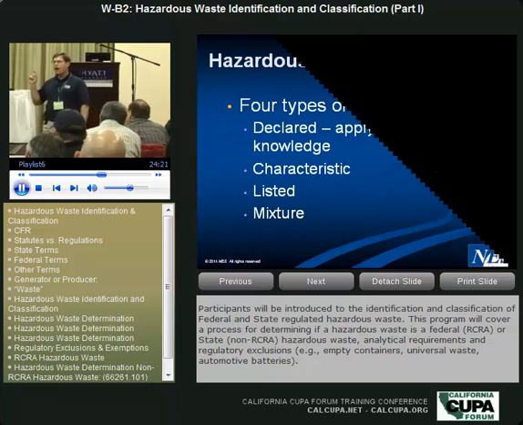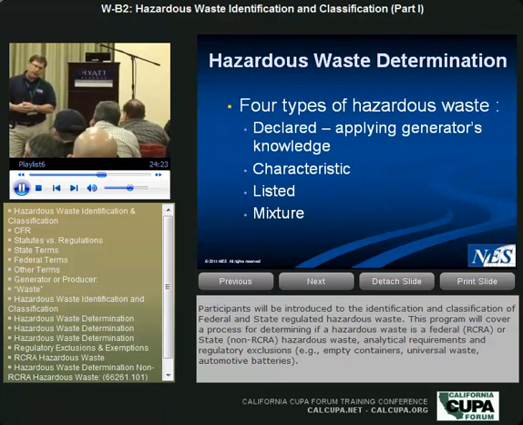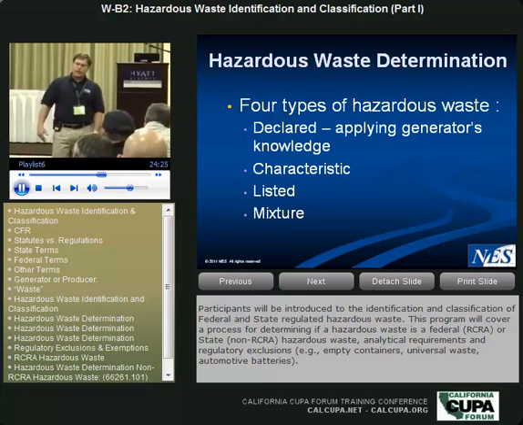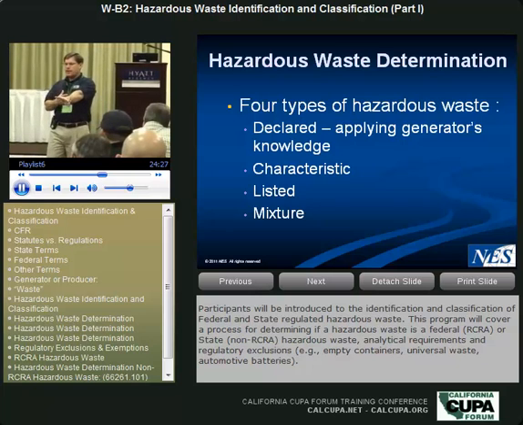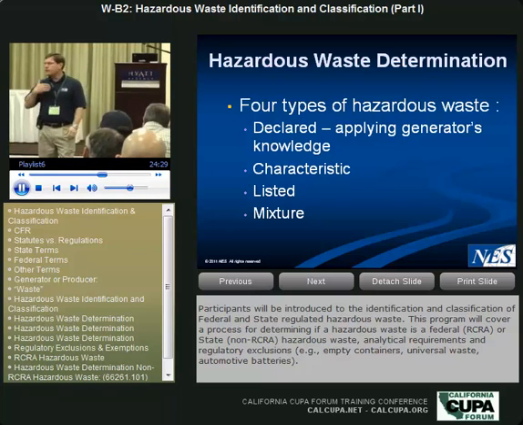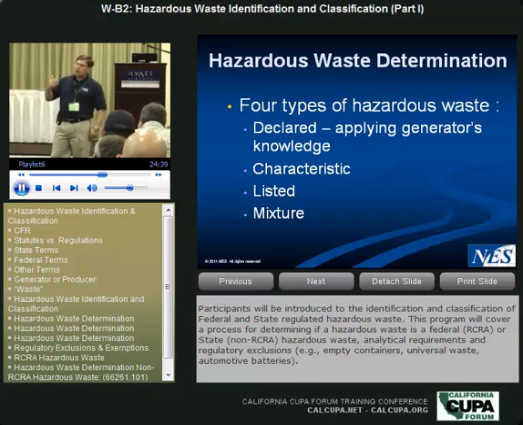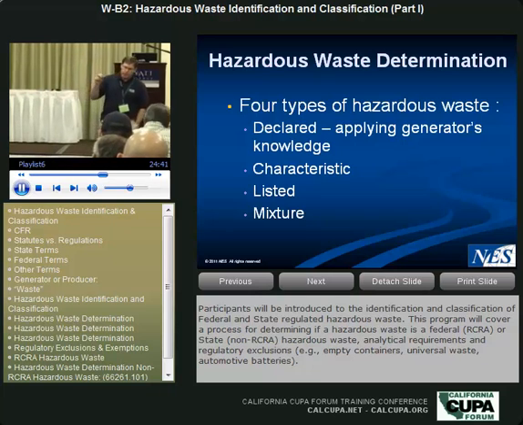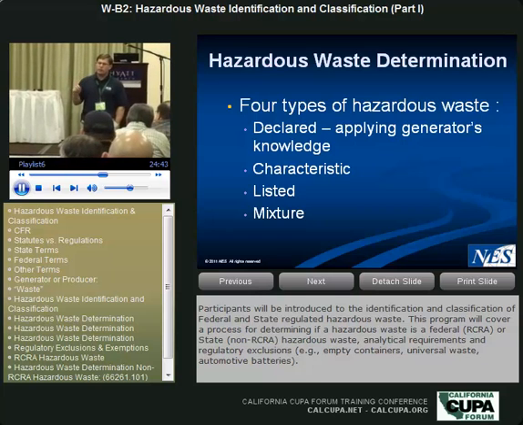I use predominantly acetone. Acetone has a flash point below 140. It's predominantly acetone that's contaminated. I know it's ignitable. I don't have to test for that. That's generator knowledge. Or it's mixed with methanol, but methanol has a flash point of 74, it's still a hazardous waste. So applying generator knowledge is fairly common that we see in industry as a whole.